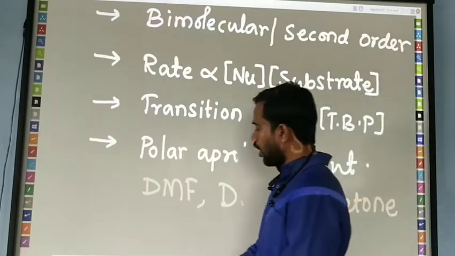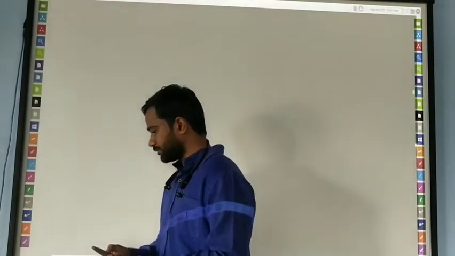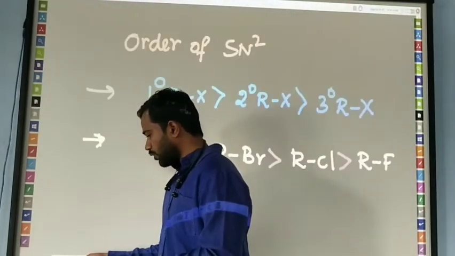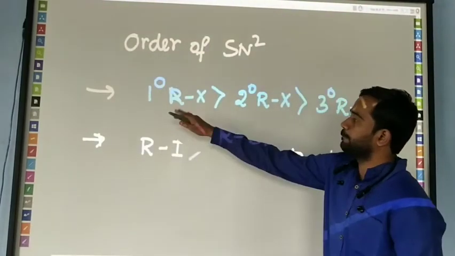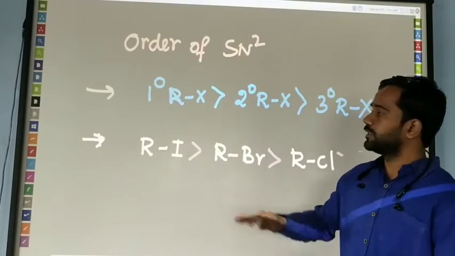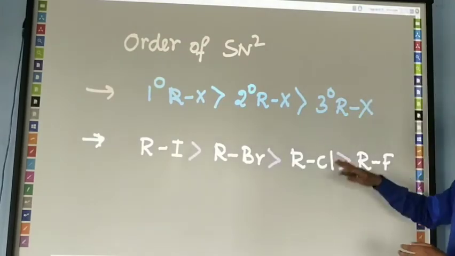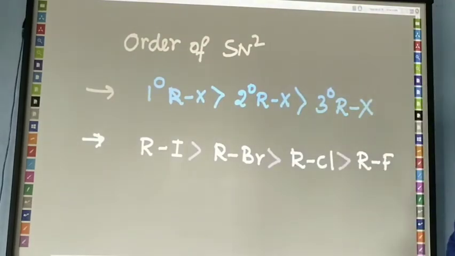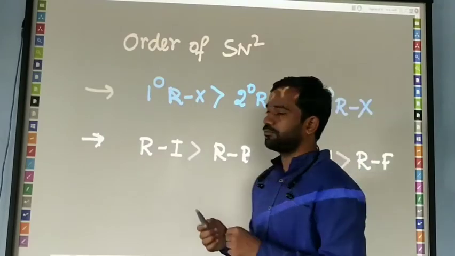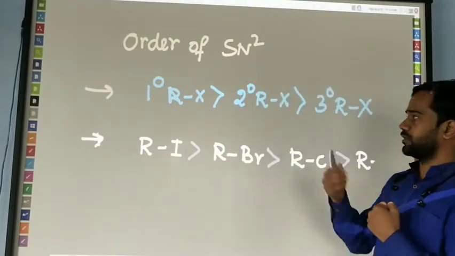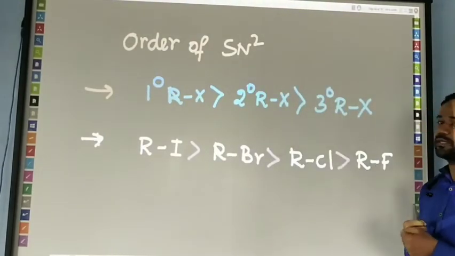Okay, let's see the order of this reaction. The order of reactivity in the SN2 mechanism follows primary alkyl halide, secondary alkyl halide, and then tertiary alkyl halide. The primary alkyl halide will have the fastest rate of reaction, then secondary, and last is tertiary.